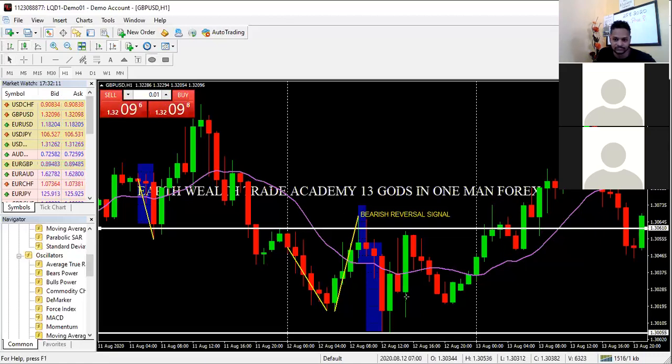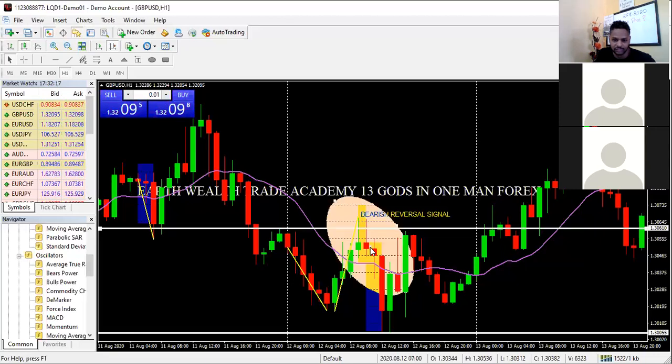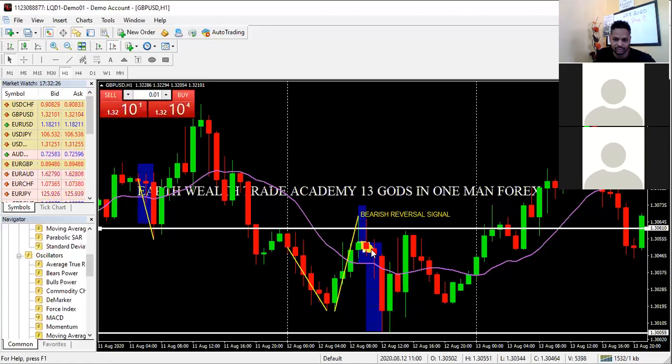So once you see this happening, this area right here, these two candles right here, they're not bigger than each other, they are at the same level.